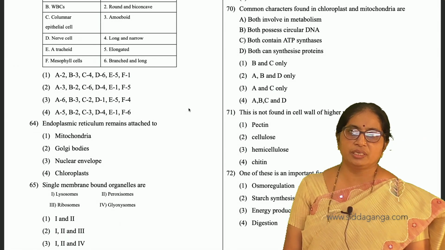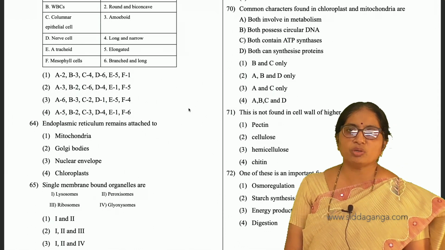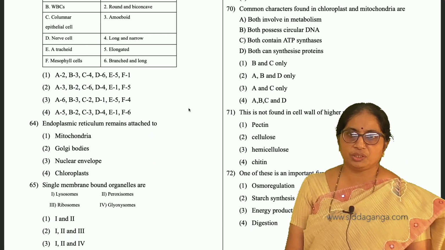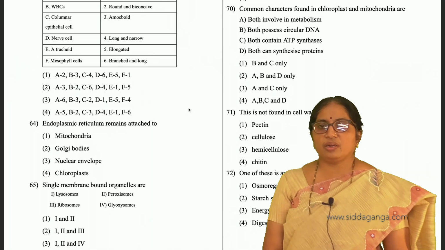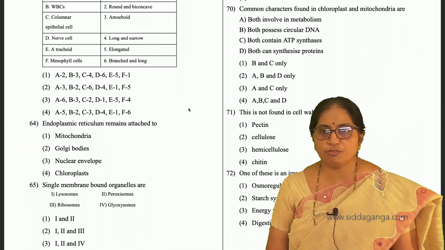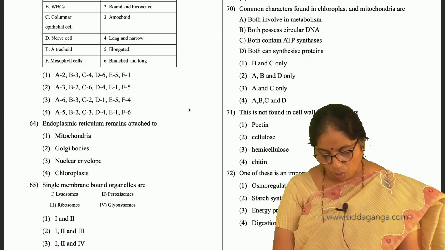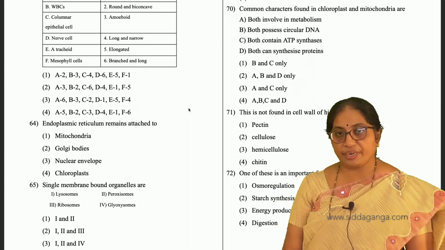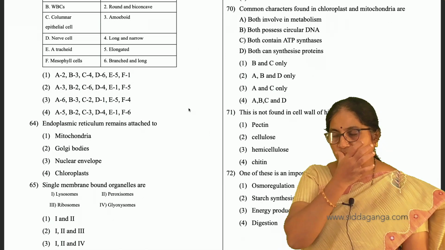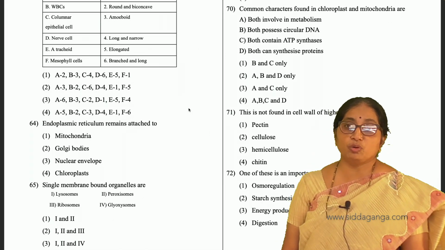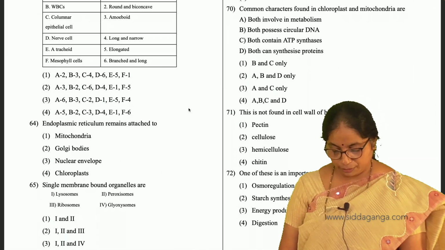We'll go with that. So, both contain ATP synthetase enzymes. Yes. Both can synthesize proteins. Yes. So, common characters found in chloroplast and mitochondria, all the four A, B, C, D will match. Therefore, option 4 is the right answer for this question.